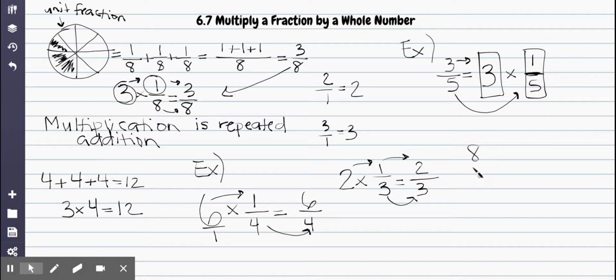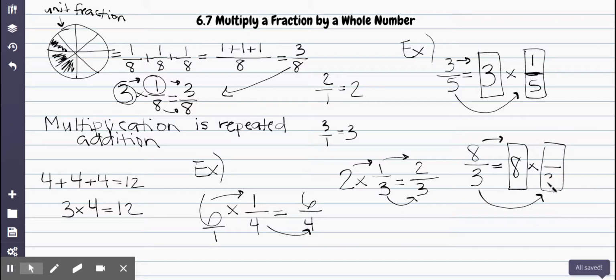I could do the same thing with a fraction greater than 1 too. The numerator is going to be my whole number, 8 times, and now I need to figure out my fraction, and that's going to be a unit fraction. I'm going to use that bottom number. I know that's going to stay the same, and it's a unit fraction, which means it's always going to be 1 over something.